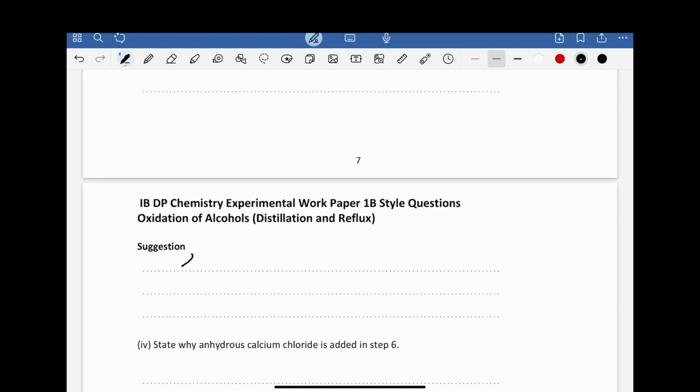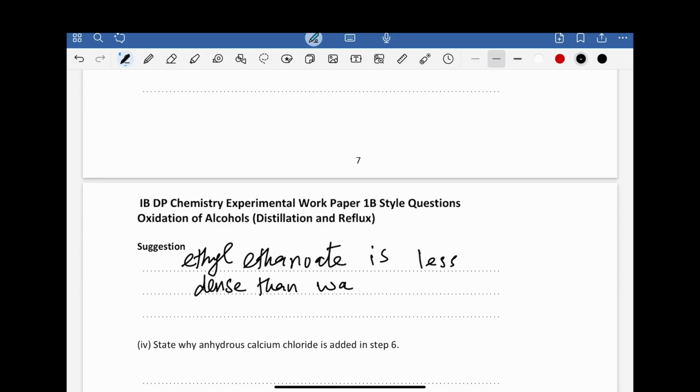Suggestion: ethyl ethanoate is less dense than water, hence it floats.